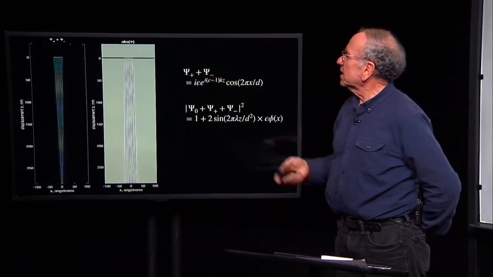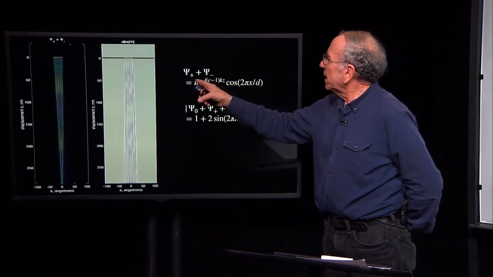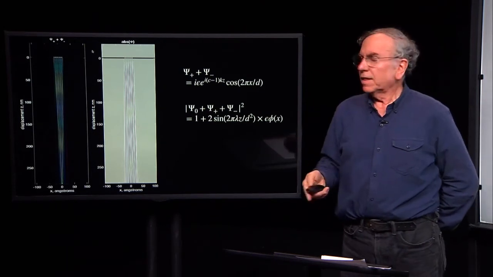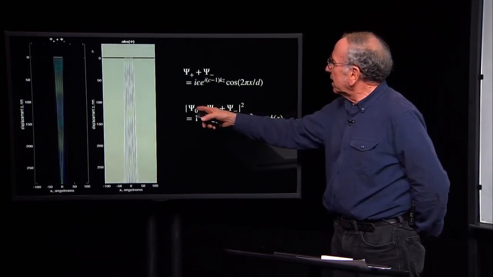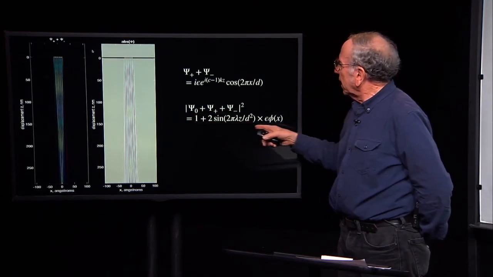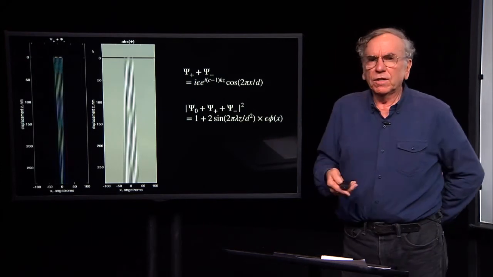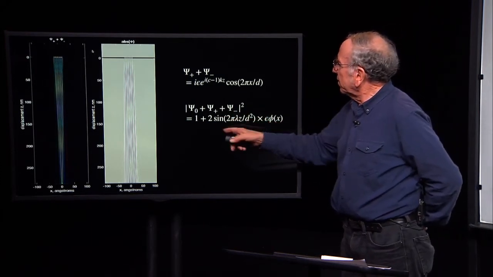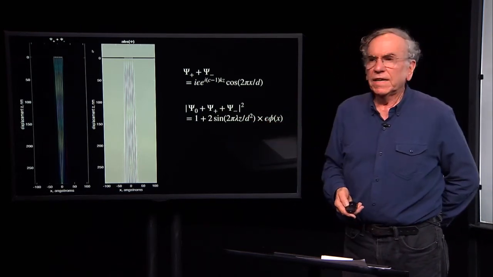This is psi plus plus psi minus, and so we have this complex term multiplying the periodicity that we started with, this cosine function. And then when we add in the incident wave and do the approximation to the square, we get this periodically varying contrast transfer times the original phase object.